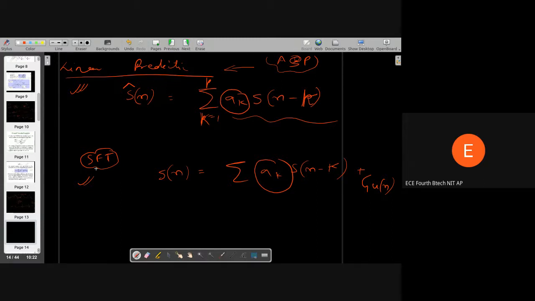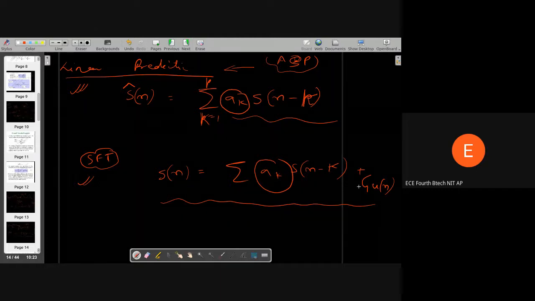There is a big achievement, meaning we have found and described the internal mechanism through which speech is produced. This is the basis of linear prediction. The source filter theory allows us to model the speech signal like this.